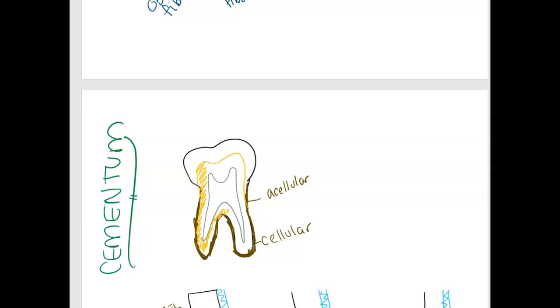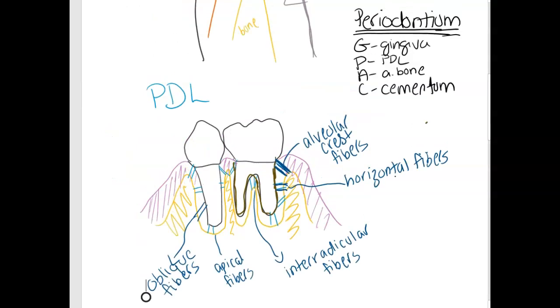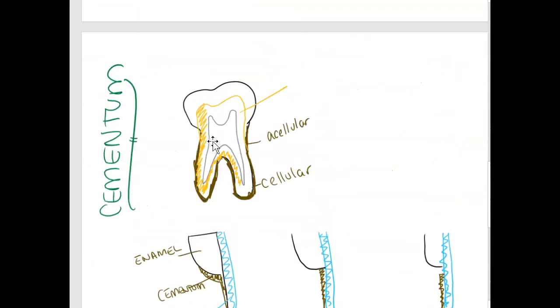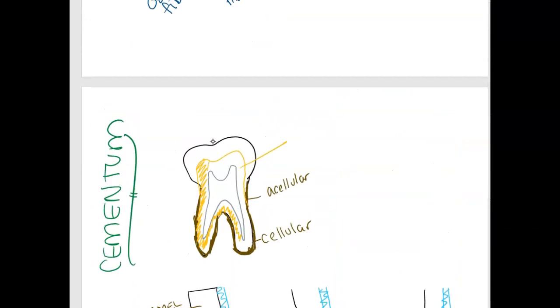And so what you notice is that the cementum, which is the brown that's outlining the root, covers the dentin. And that's really important, because if I were to zoom into the dentin, I'm just going to color that in again.